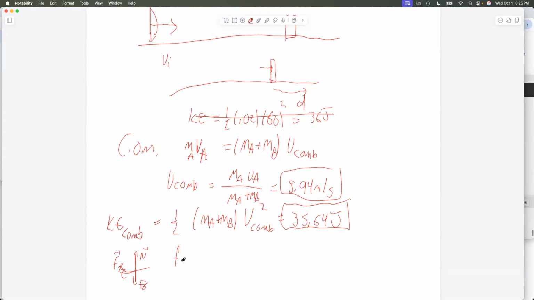And we know in magnitude, this would be mu_k times the normal force. The sum of the forces in the y direction is 0 because we're not accelerating up and down. So this would be mu_k times mg. And then the work is going to be negative because this is a negative force. So let's say the absolute value of the work is going to be the force times the distance.